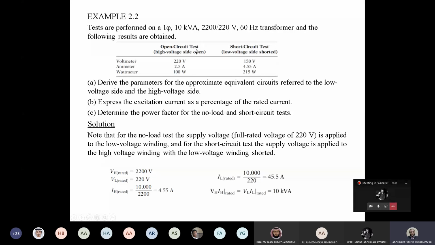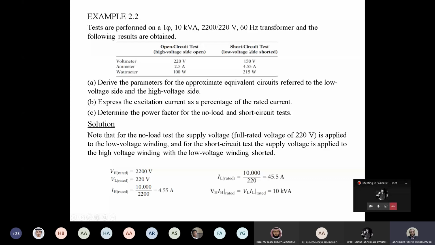We have the open circuit test, and these are the data given at open circuit. As you can see here, it's stated that the high voltage side is open. So if the high voltage side is open, the low voltage side will include all of the measurements. So the voltage is 220 volt. The measured current is 2.5 amps. The wattmeter reading is 100 watts. For the short circuit, it's stated here that the low voltage side is shorted.